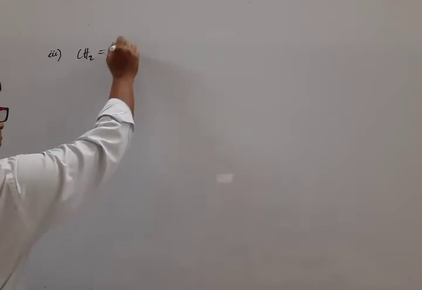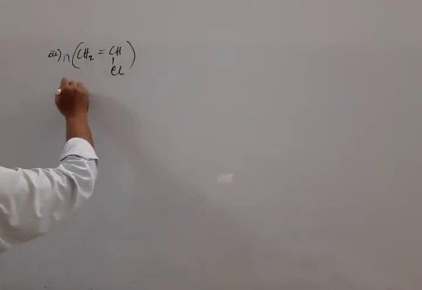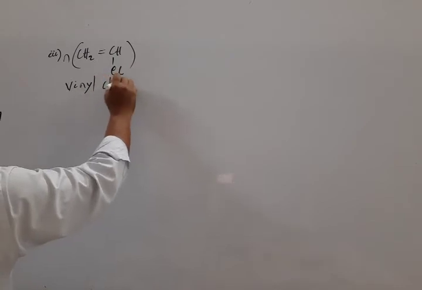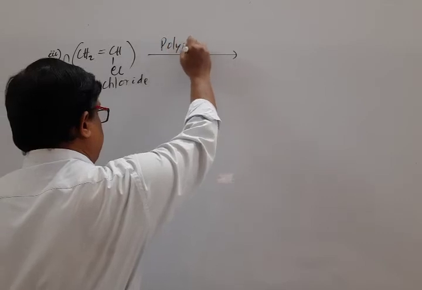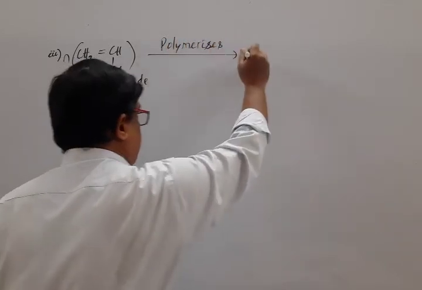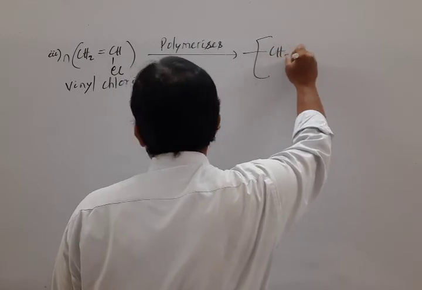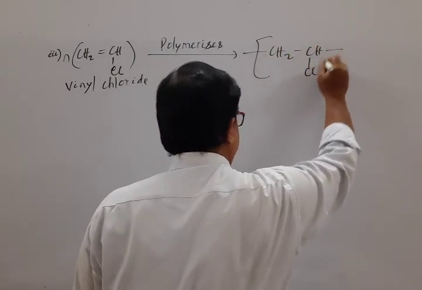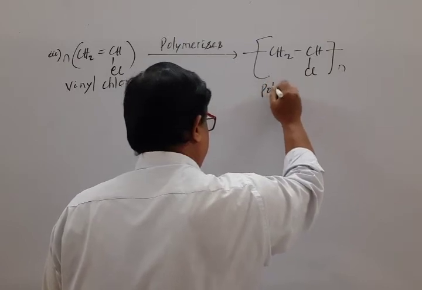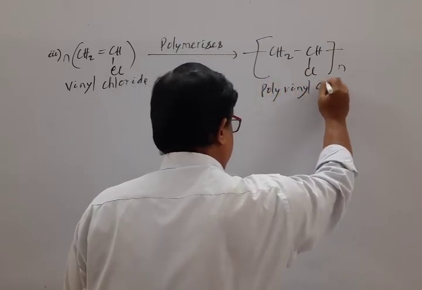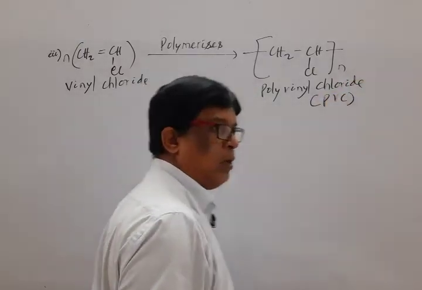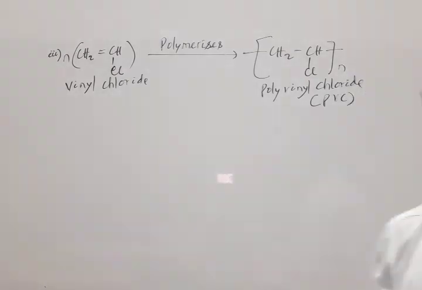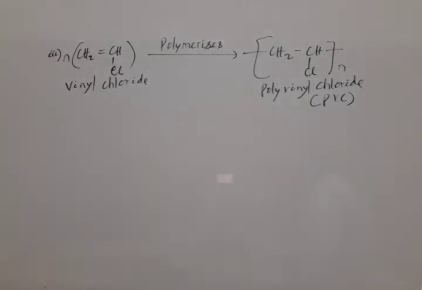Vinyl chloride. If we select a large number of vinyl chloride which polymerizes to form polyvinyl chloride, otherwise known as PVC, it is used for making pipes and also electrical fittings.